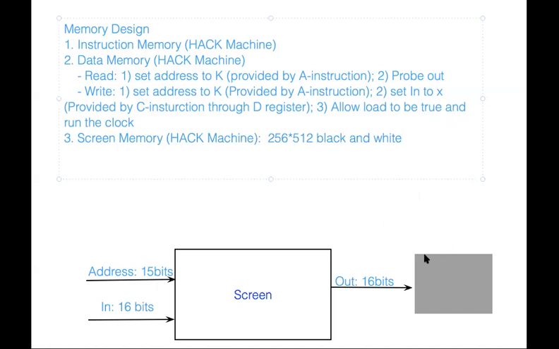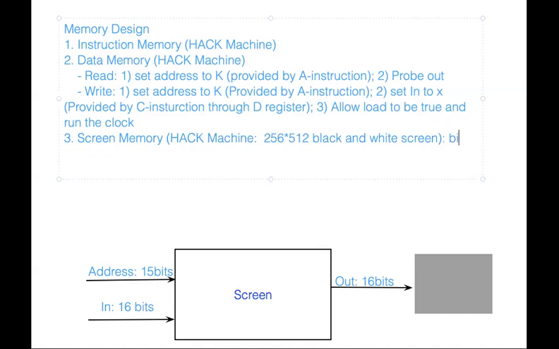This Hack machine has this screen. Since it's black and white, we just need a 0 and a 1 to represent each bit.